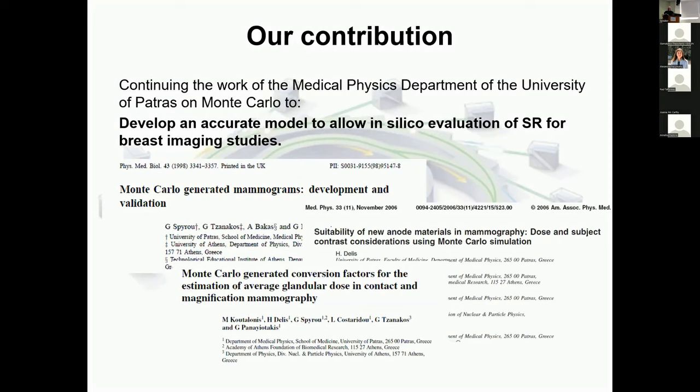We were able to do this based on previous work, as we had already developed Monte Carlo tools as a group dedicated to breast imaging. Here you can see some of these works, and I'm proud to say that we were the first group in the world to produce Monte Carlo generated mammograms.